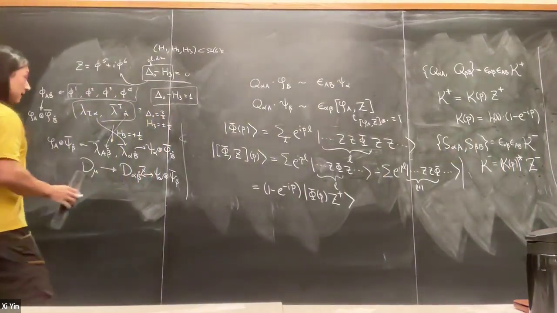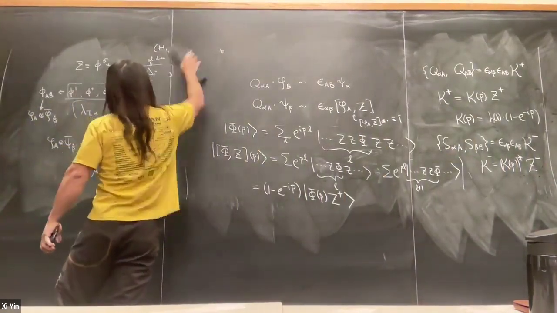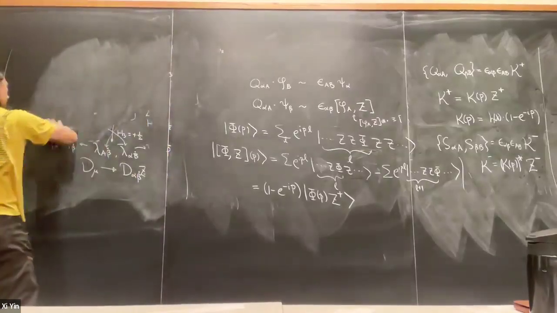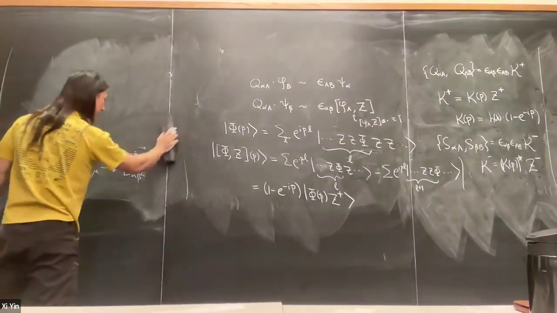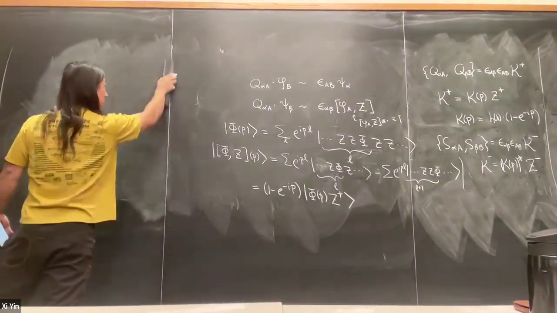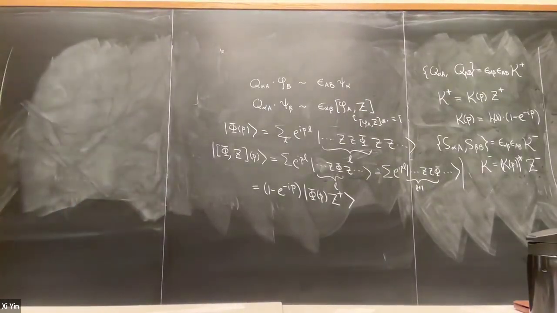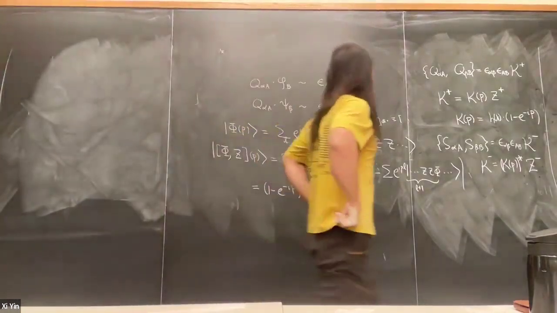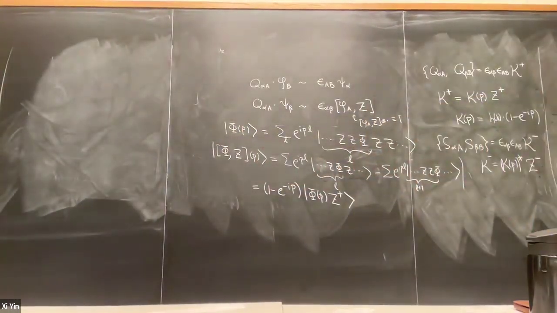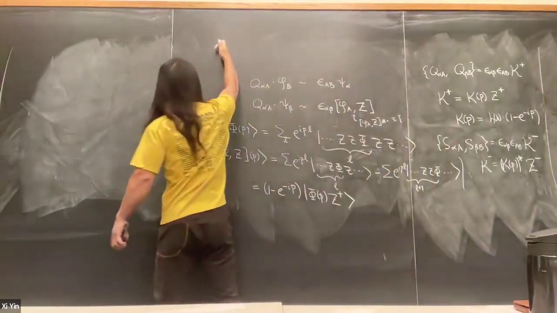Now there's one important comment I have to make, which is that this action has to also extend to the multi-magnon states. We're going to, for now, just assume that the magnons are sparse, so they can always be separated from one another.